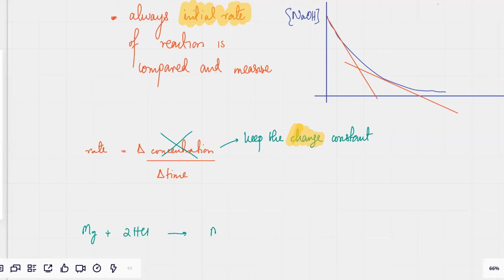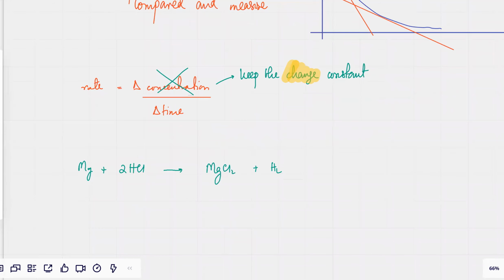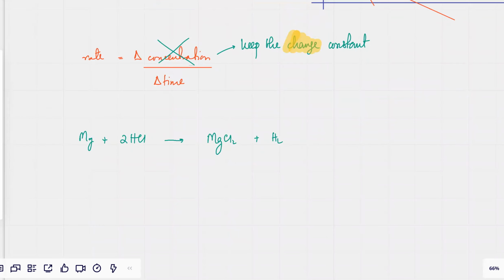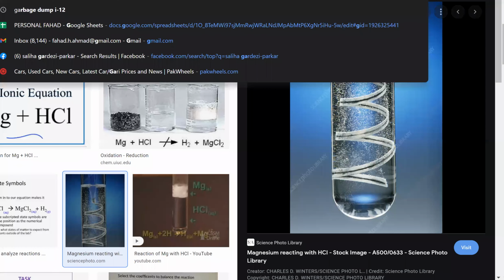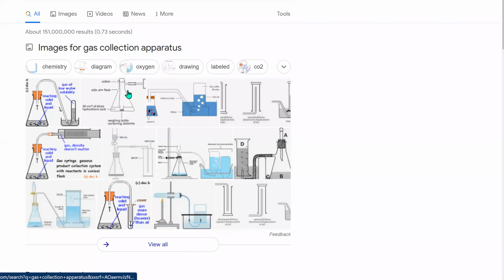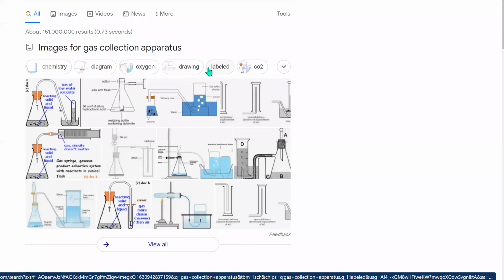We're going to imagine that we are in the lab and H2 gas bubbles are being formed. Lots of apparatuses could be used, in lots of different ways. This one's a gas collection apparatus, so I can use this one.